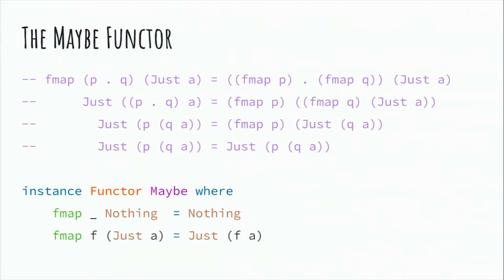And then you look up the definition and it says that should be Just (Q A). And then you have another fmap that you apply, and you can look up the definition again, and you get Just (P (Q A)). So do this as a training exercise at home. It really holds, which is a good thing because otherwise Maybe would not be a functor.